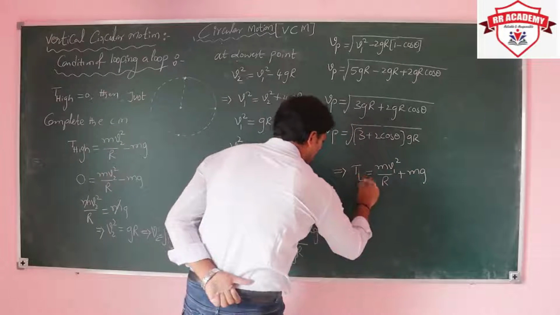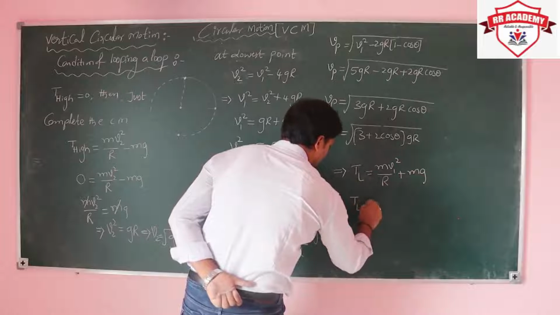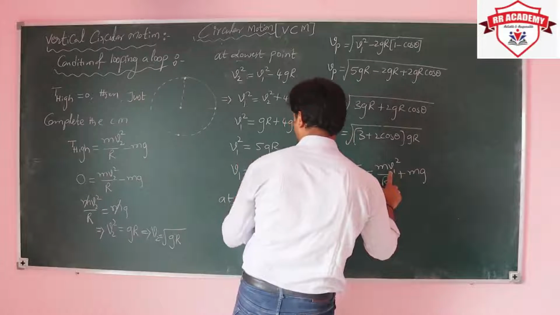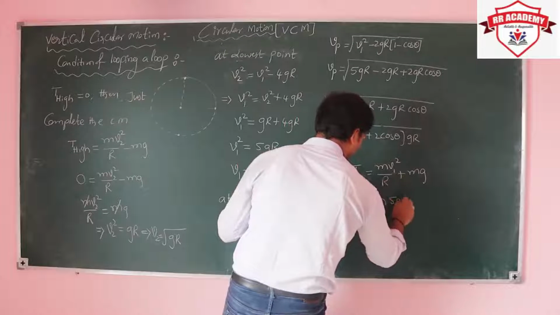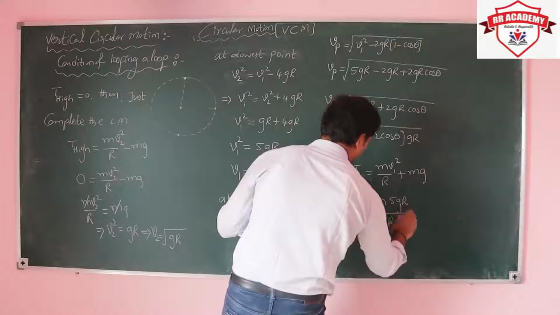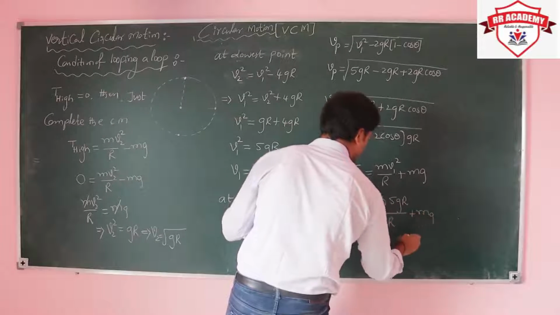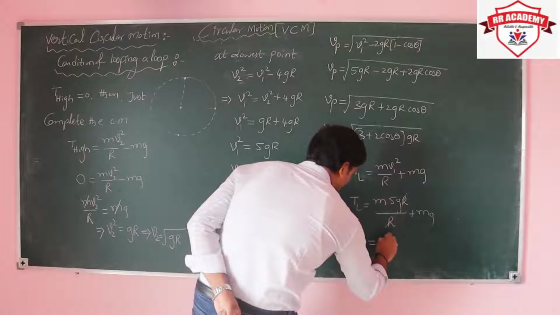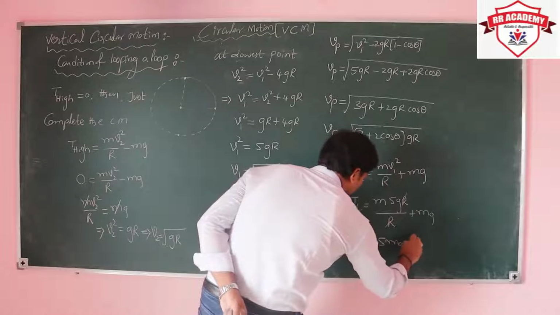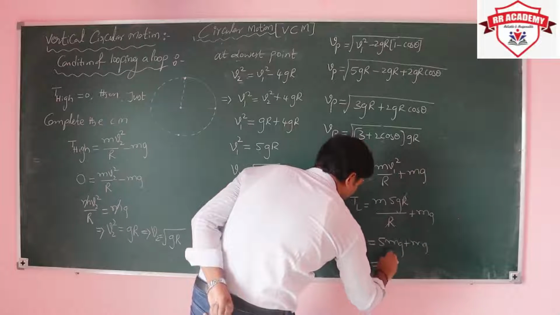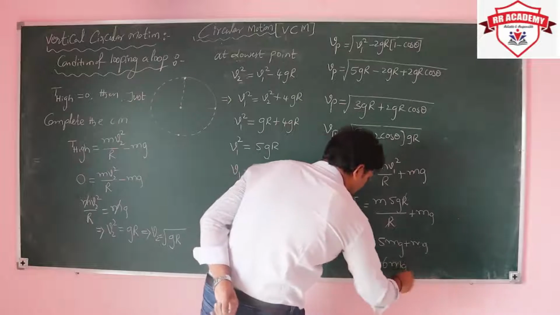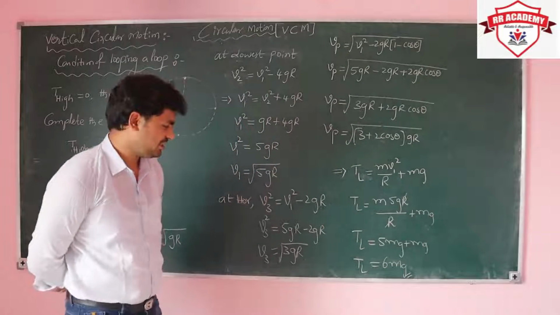The r's cancel. The tension at the lowest point is 5mg plus mg, which is 6mg.